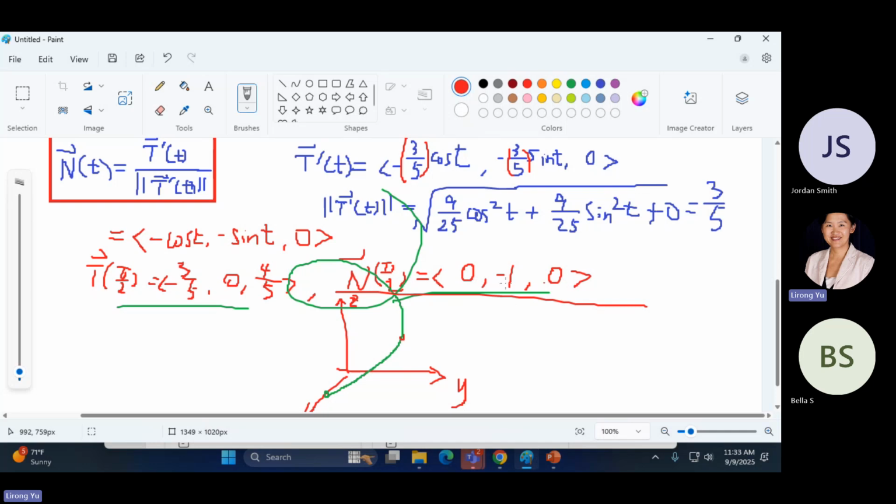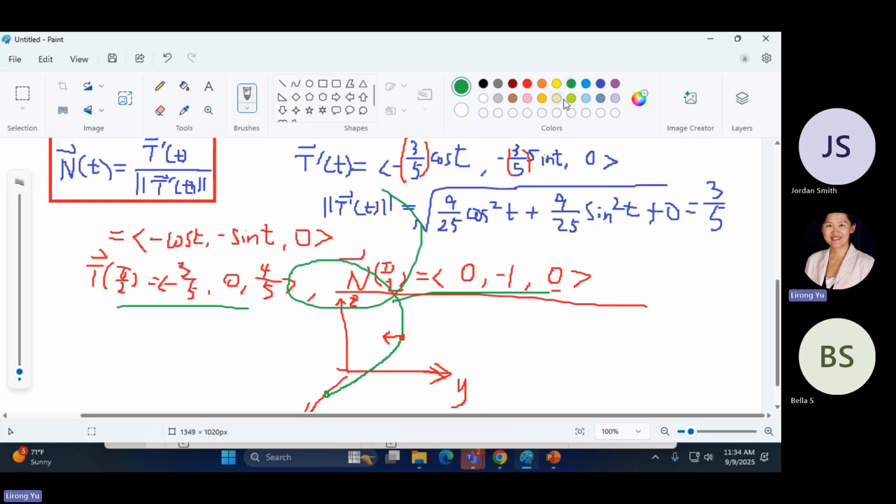And the normal vector is (0, -1, 0). It's -1 in the y direction, so it's opposite to the y-axis, parallel, and 0 in the z direction and 0 in the x direction. So it's pointing that way. That's the normal vector.